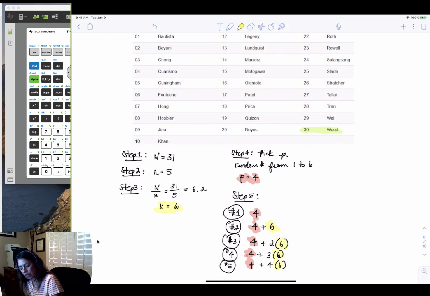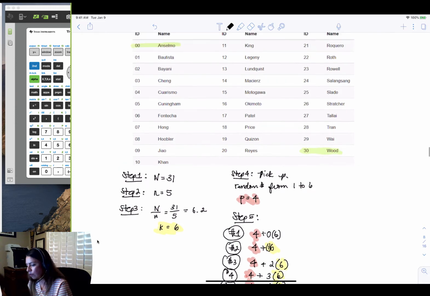I could put a 1 here if I wanted, and a plus 0 times 6 here. So you can see the pattern 0, 1, 2, 3, 4. The 6 remains the same and the 4 remains the same. It just changes with each person in your sample. And we only want 5, so I only did it 5 times.